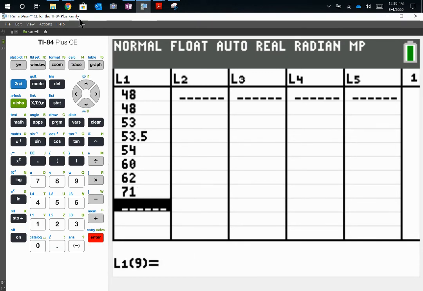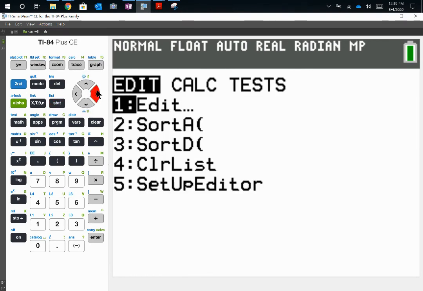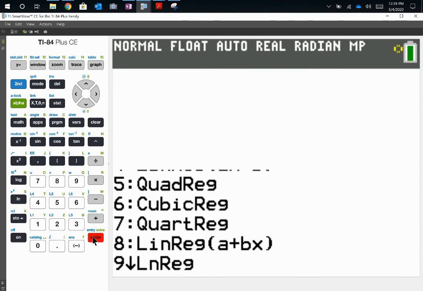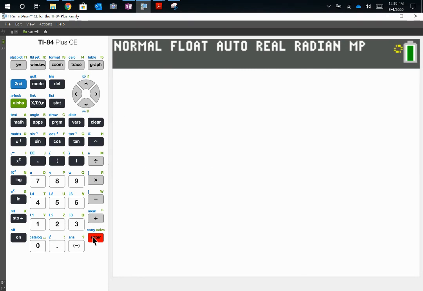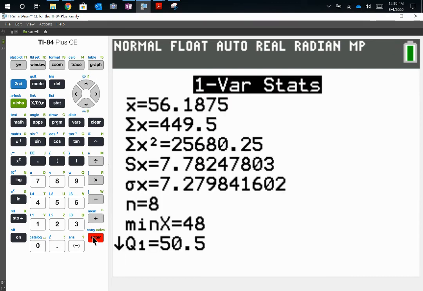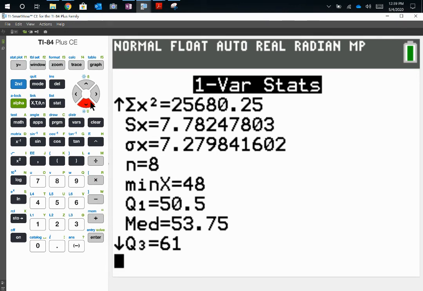Okay, then I'm going to go ahead and press stats again, calculate, and you want to just scroll down a little bit to see interquartile range 1 and interquartile range 3.